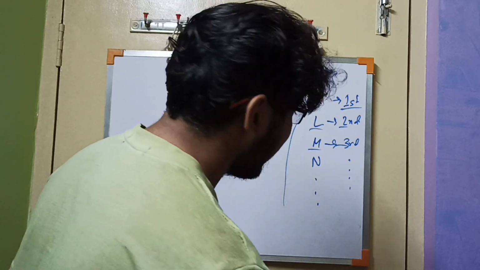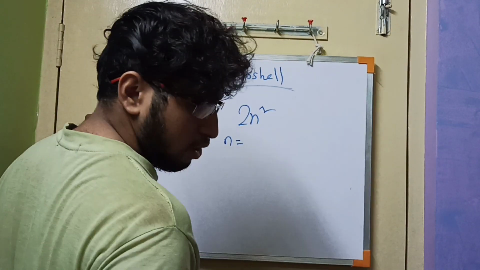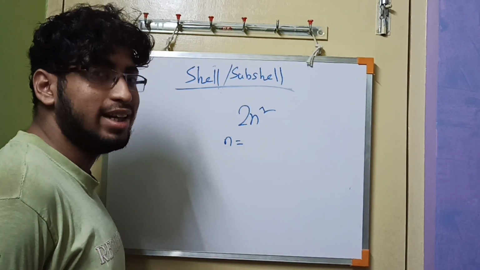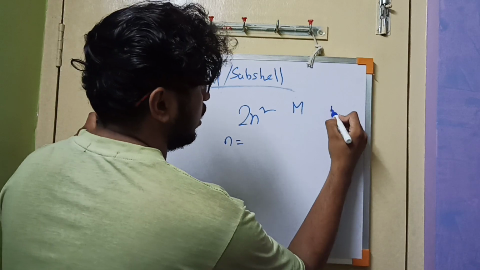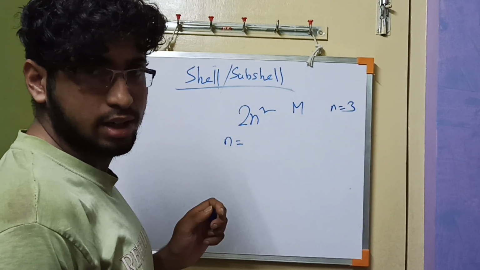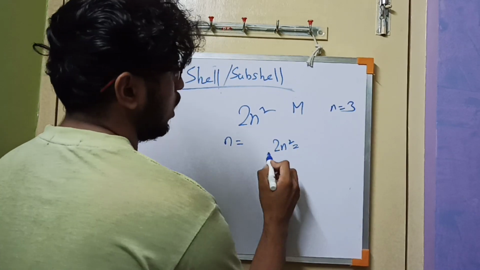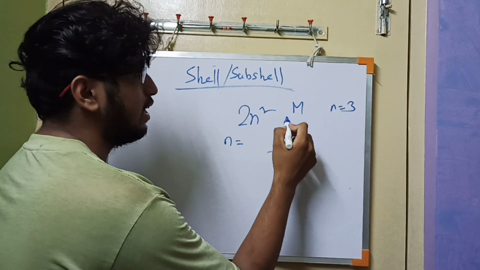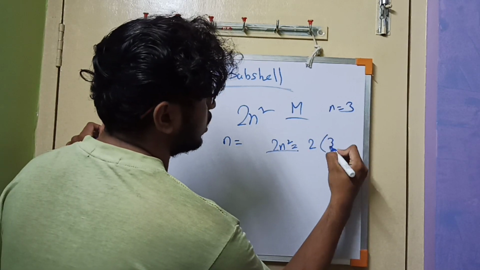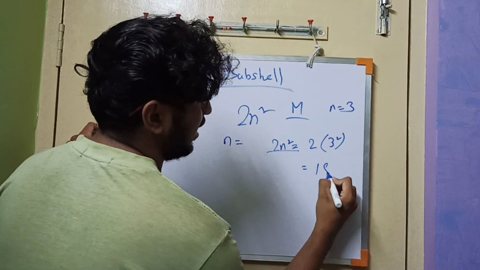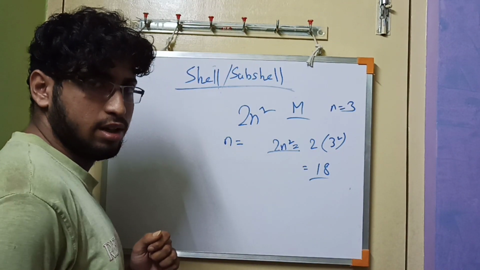So if we have to calculate the number of electrons in the M orbit, n equals 3, so 2n square, the total number of electrons in the M orbit or M shell will be 2 into 3 square, that equals 18. And this is quantized.